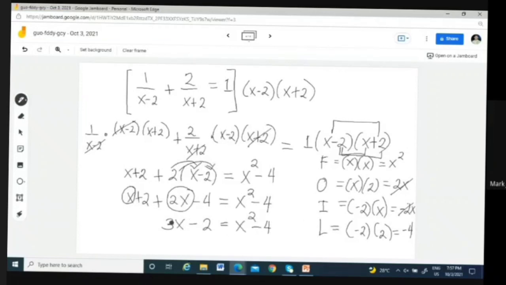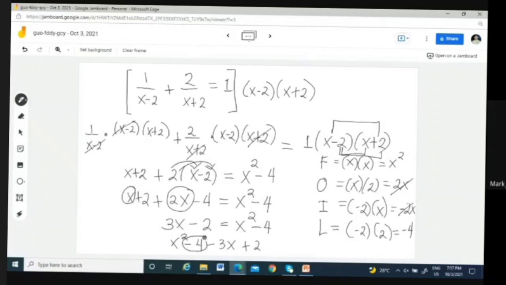We are going to combine all the terms. Since we have here x squared, which is positive, we are just going to move 3x minus 2 to the right side. So just copy x squared minus 4. Positive 3x, when we move it to the right side, will become negative 3x. Negative 2, when we move it to the right side, will become positive 2.